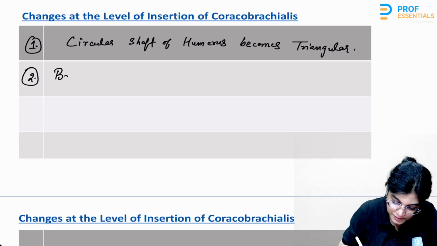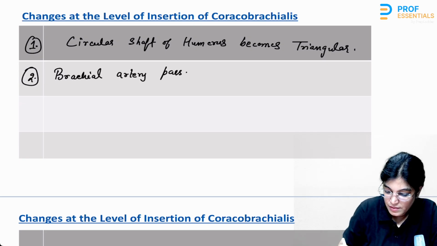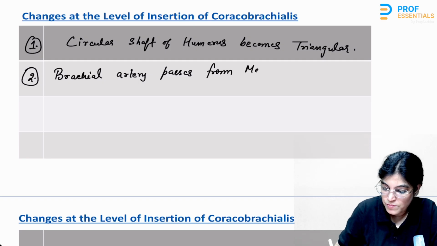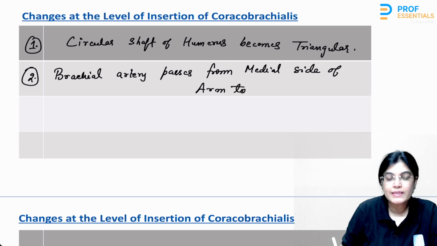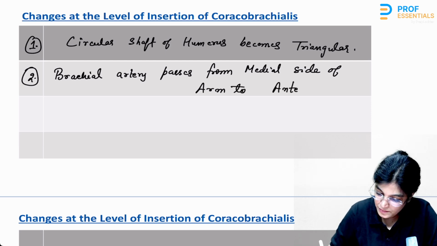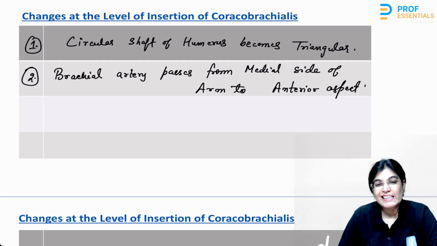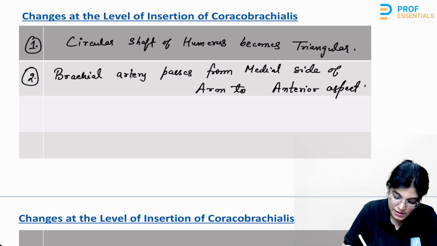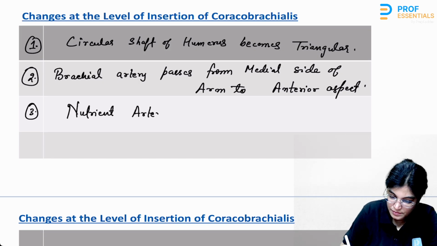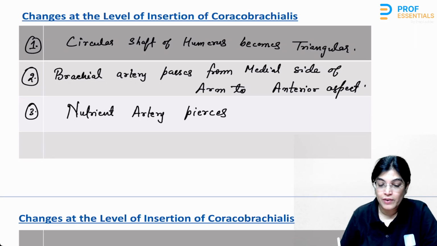Another important point is that the nutrient artery pierces the humerus bone at the level of insertion of the coracobrachialis muscle. This can come as an enumeration question or can be asked in the viva examination.